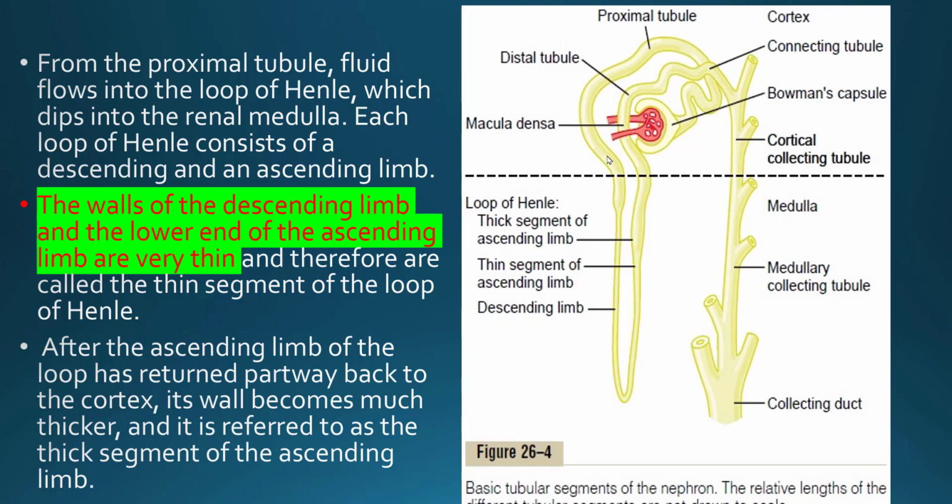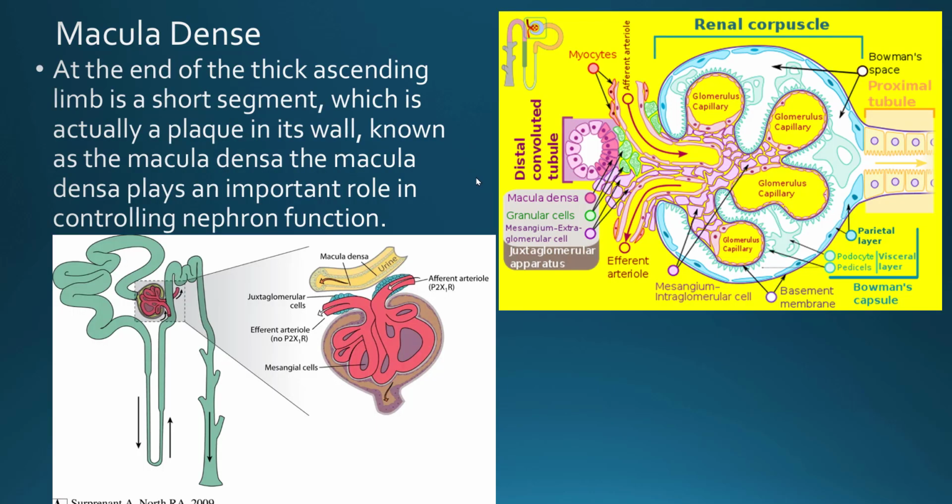At the end of the thick ascending limb is a short segment, which is actually a plaque in its wall, known as the macula densa. The macula densa plays an important role in controlling nephron function.